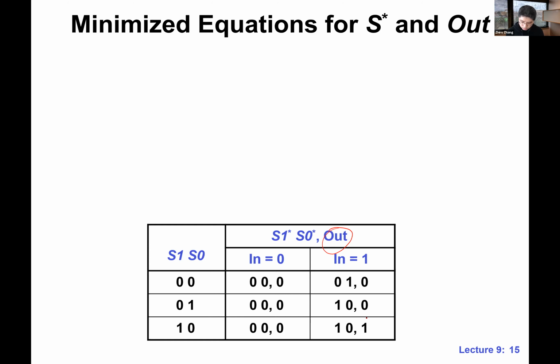So we have a single 1 here. If you just read out the minterm, this is S1, S0, and in. But Emily is saying that it's actually simpler, it's S1, S0 prime.